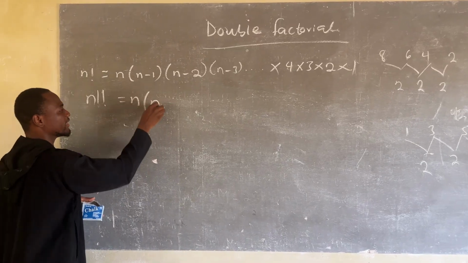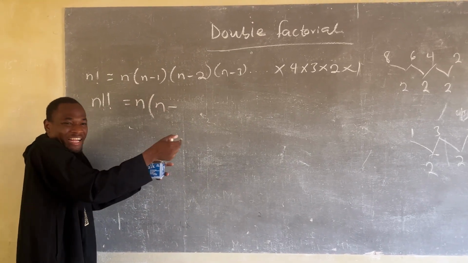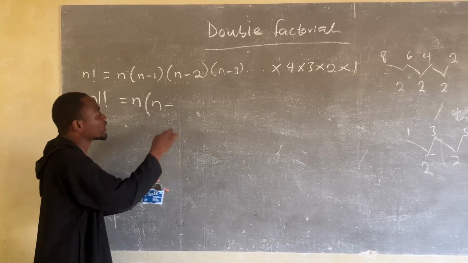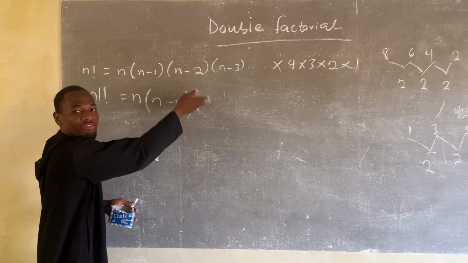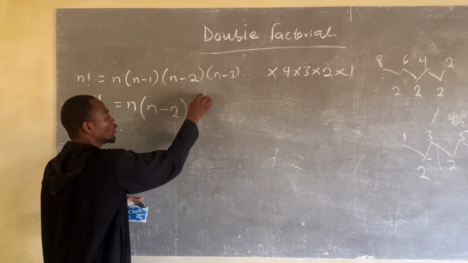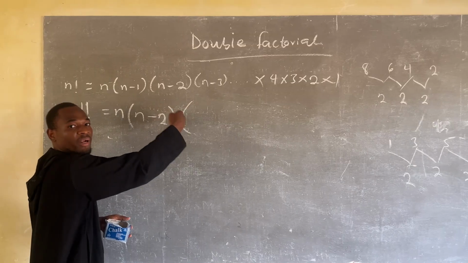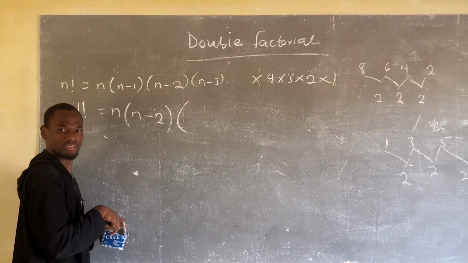Then we have n minus the gap, the difference, which is 2 over here. Then progressively, you keep subtracting 2 from n. Do you get that?